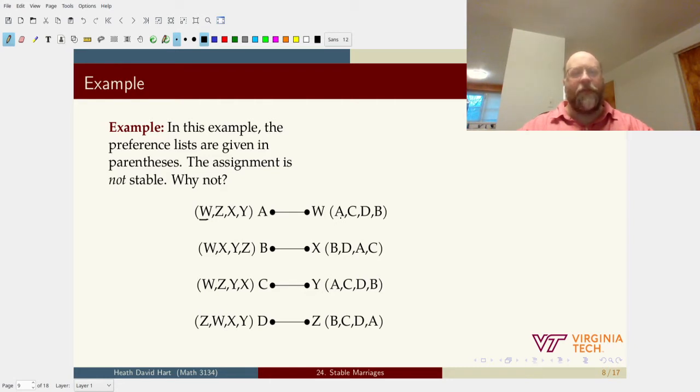A is W's first choice, B is X's first choice, and so on and so forth. Okay? So this is not a stable assignment. But let's look at what happened. A and W are going to be stable because they got their first choice. So this is stable.